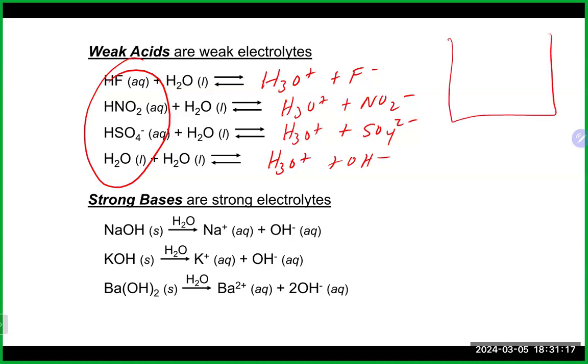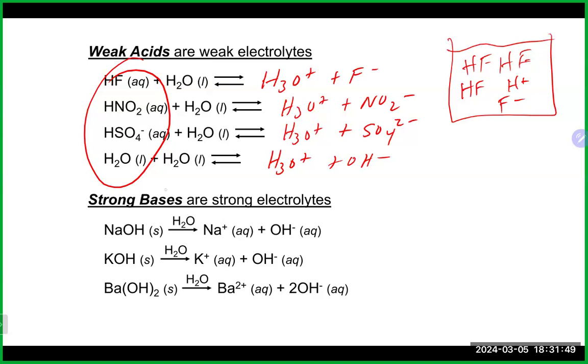Just like acetic acid, if you had HF, you're going to have a majority of these HF guys still together, but they will break apart a little bit and produce a little bit of H plus and F minus. Since it's able to still produce a little bit of that H plus, it is still considered an acid, but it's not going to produce anywhere near the extent of H plus that something like hydrochloric acid will. Hydrochloric acid basically just needs to go for a swim, and it's going to break apart.